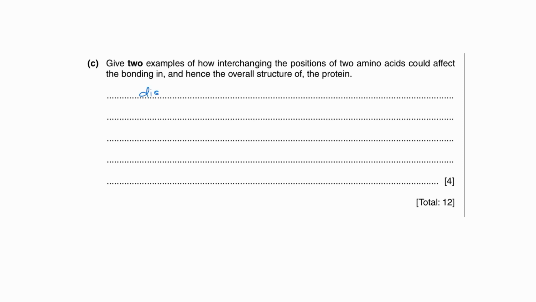So we will have disruption of any of these side chains. So any of these two from the 4 side chain interactions. So we can have hydrogen bonding, or ionic bonding, or van der Waals forces.